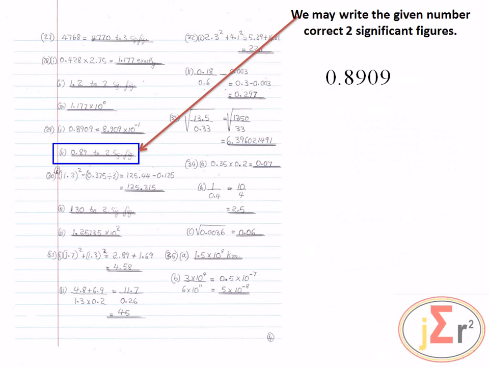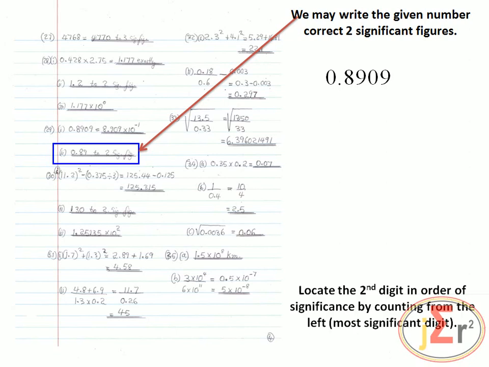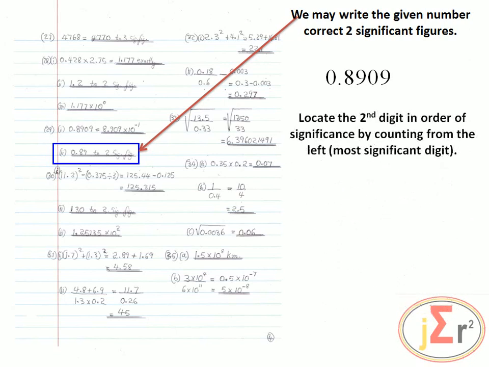We may write the given number correct to 2 significant figures. Locate the second digit in order of significance by counting from the left, and at the left we will find the most significant digit. When we say the left, we mean the first non-zero digit that is located at the left. Begin counting there, and that is the second most significant digit.